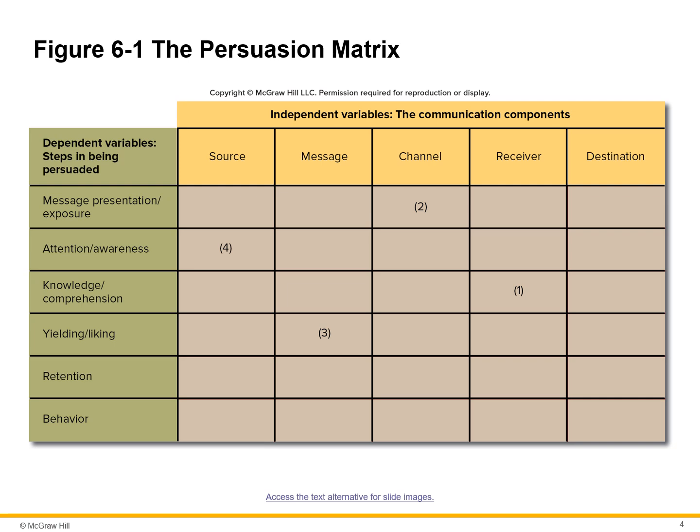The knowledge and comprehension, where they acquire the knowledge, the cognition, and then are able to understand the message. Yielding and liking: will they yield to the message, be convinced, or develop liking or disliking of the message? And then the retention of the message.